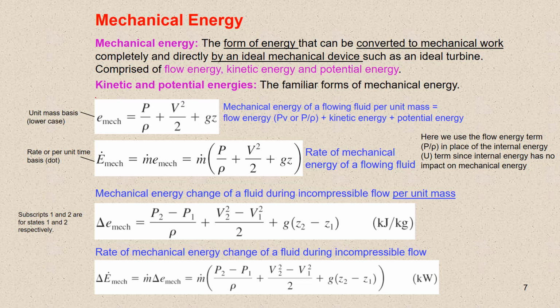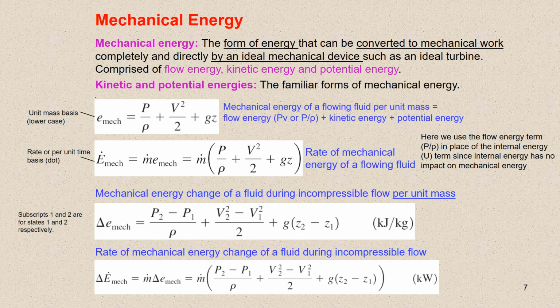A pump transfers mechanical energy to a fluid by raising its pressure, and a turbine extracts mechanical energy from a fluid by dropping its pressure. Therefore, the pressure of a flowing fluid is also associated with its mechanical energy.